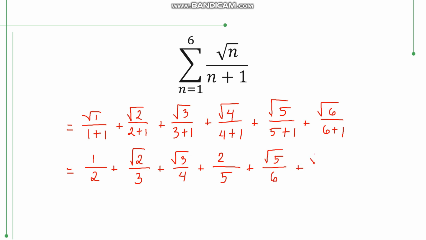And last we have square root of 6 over 7. Now all you have to do is add all of them, and the estimated value that we should get must be 2.53. So that will be the value of our summation or series.